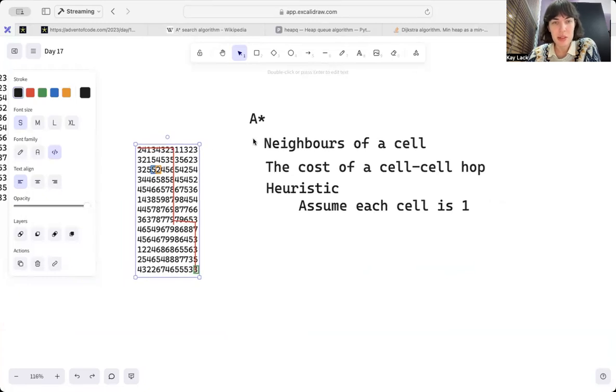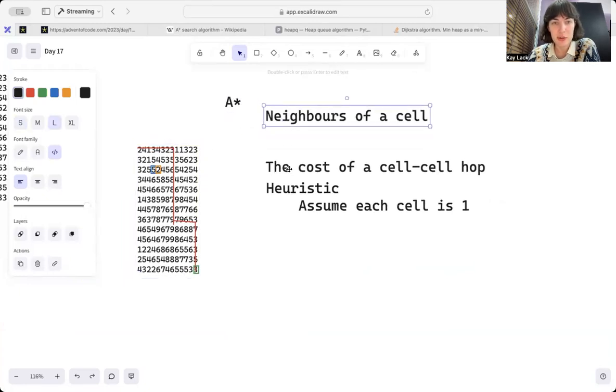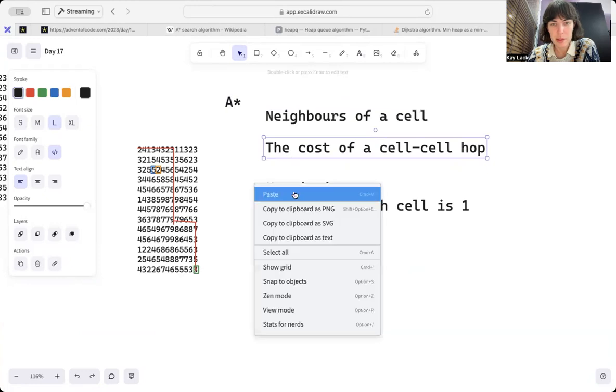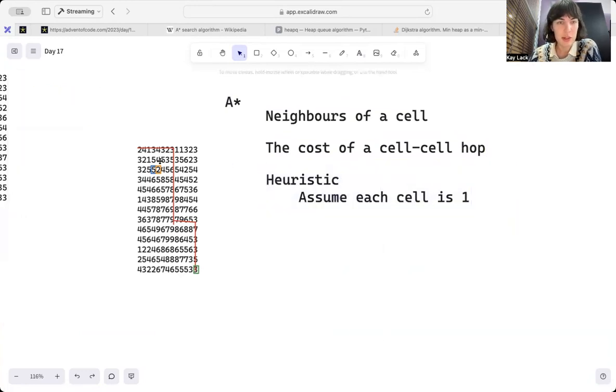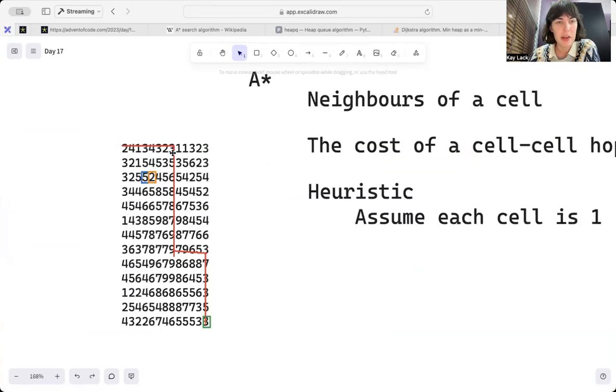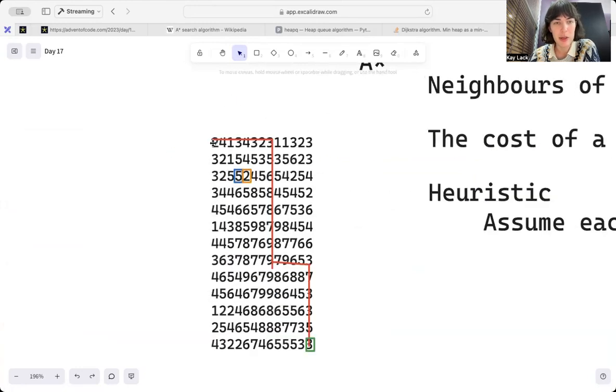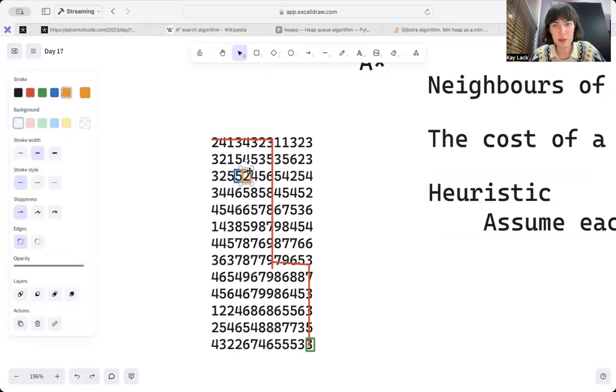Now the neighbors are complicated for a different reason. The neighbors are complicated because the neighbors that we have, now you might think we could go down, this, let's say this 5 has the neighbors 2, 6, 5, and 5.